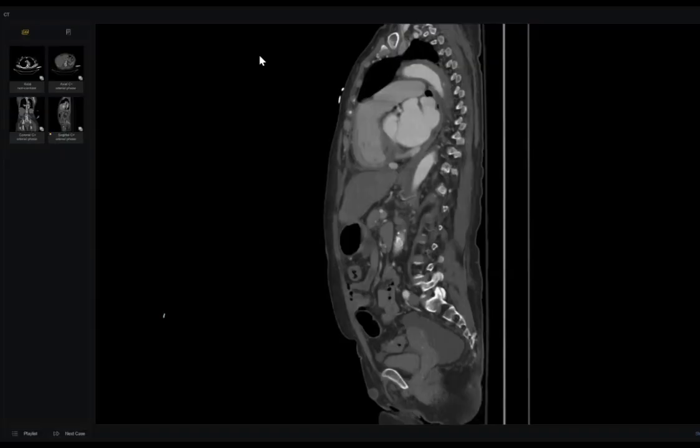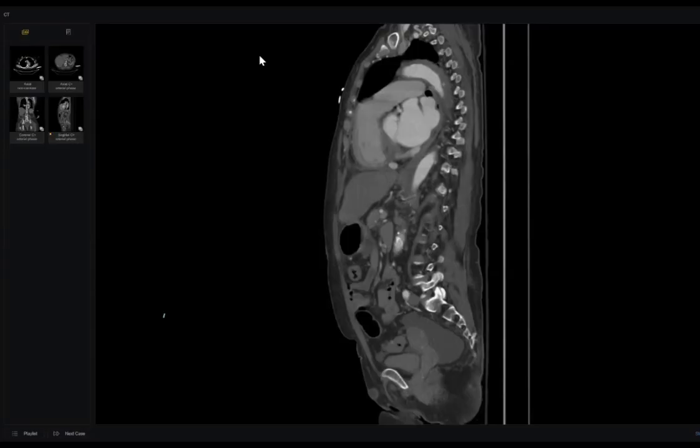Sir, in dissection we can see a flap which is dissecting the aorta between two parts: one is the false tract, and one is the true lumen.